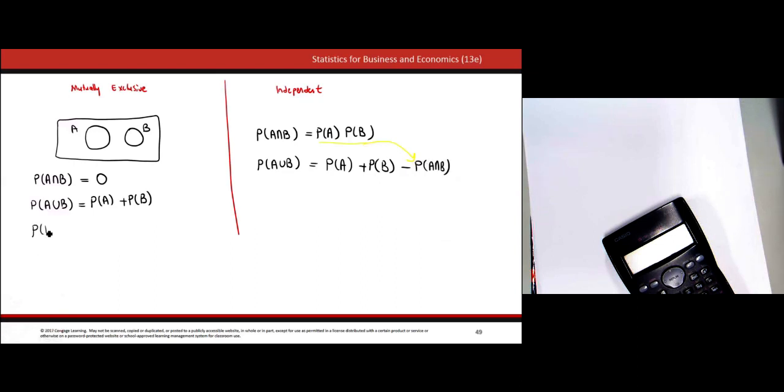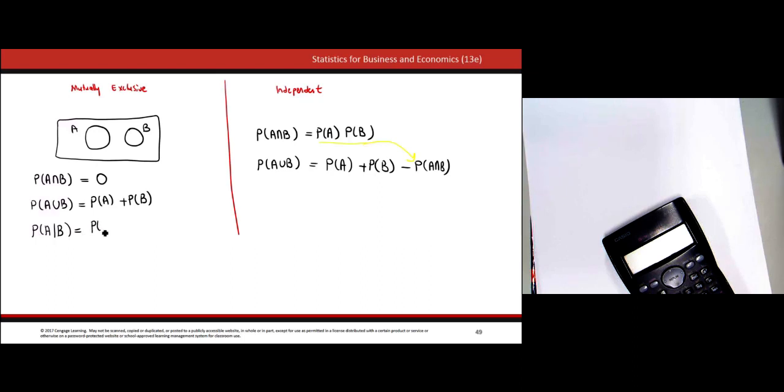How about if two events are mutually exclusive? What is A given B if two events are mutually exclusive? What's the probability of A given B has already occurred? If B has already occurred, A cannot occur if they are mutually exclusive. So this is always zero.